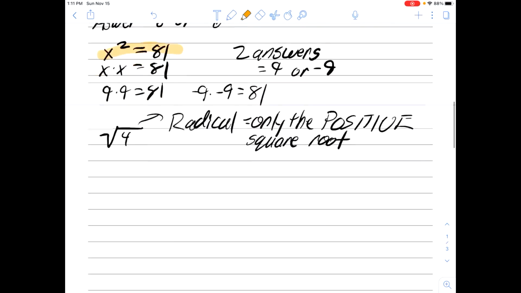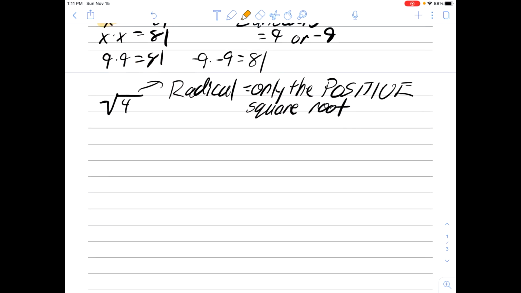So a radical really is saying we're going to look at this as if it is an actual square. So when we are given the radical, then we only want the positive answer. So in this case, I know that the square root of 4 is 2 or -2 because 2 times 2 is 4 and -2 times -2 is 4.